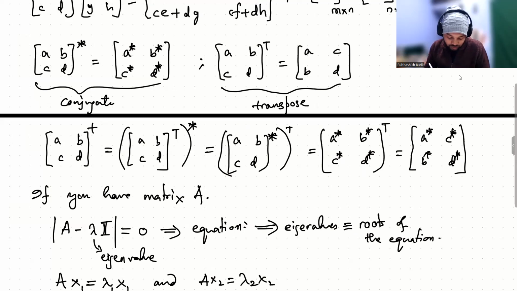You can assume x1 to be some random numbers, let's say a, b, and then compute from this equation what x1 and x2 are going to be. If you have completely forgotten how eigenvalues and eigenvectors are calculated, you can check out any book, any reference, or any YouTube videos. There are excellent materials on this.